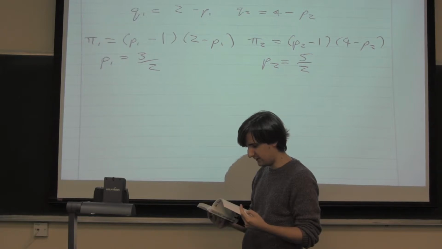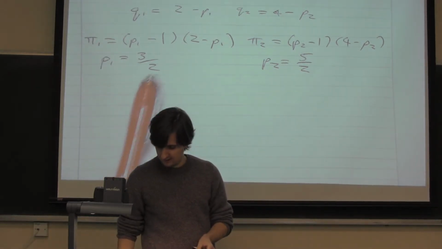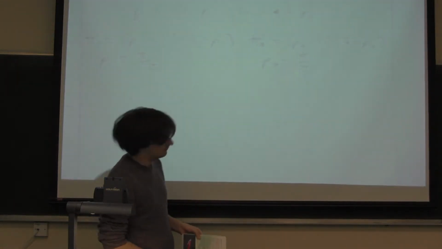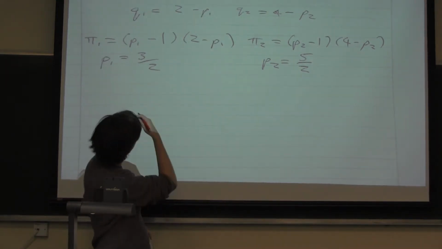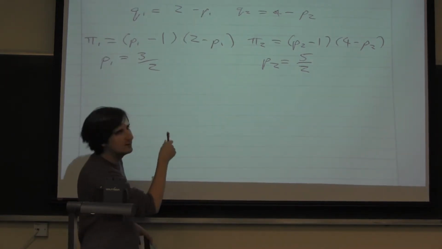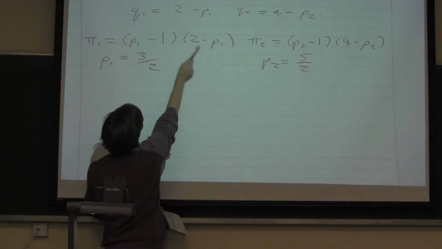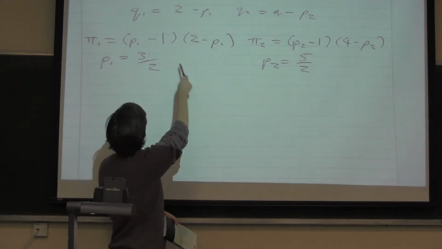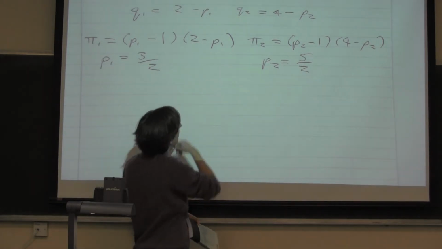We've found the price charged in each market. For the monopoly profit level, you just plug in. Because the price is halfway between the zeros, the two brackets are always the same. This bracket is 3 over 2 minus 1, which is a half, and this bracket is 2 minus 3 over 2, which is a half.